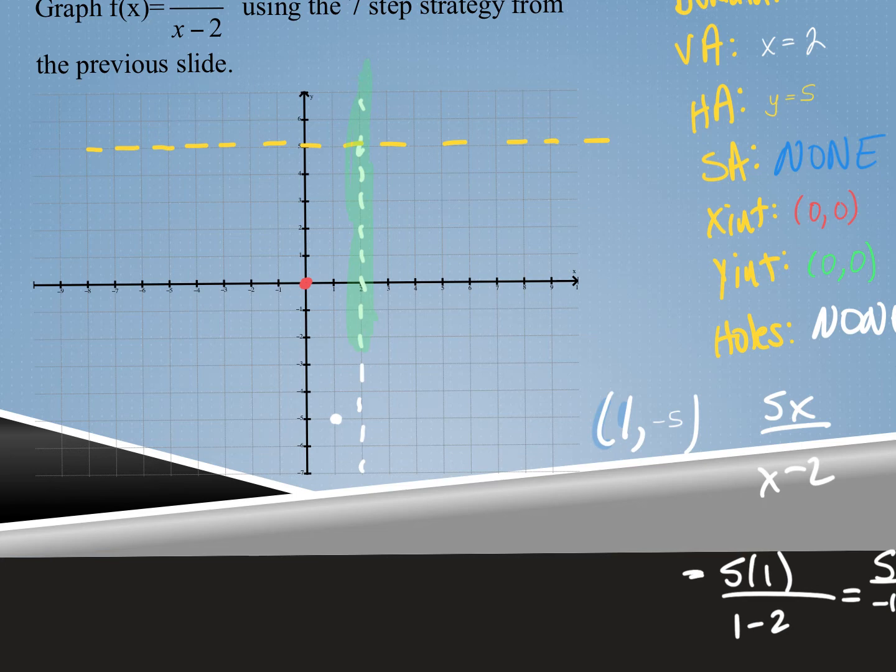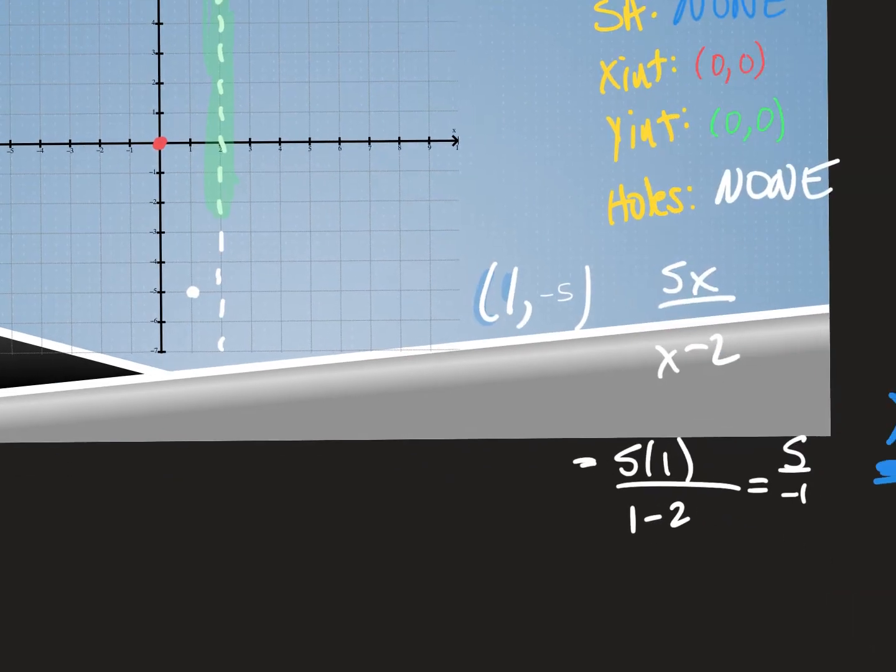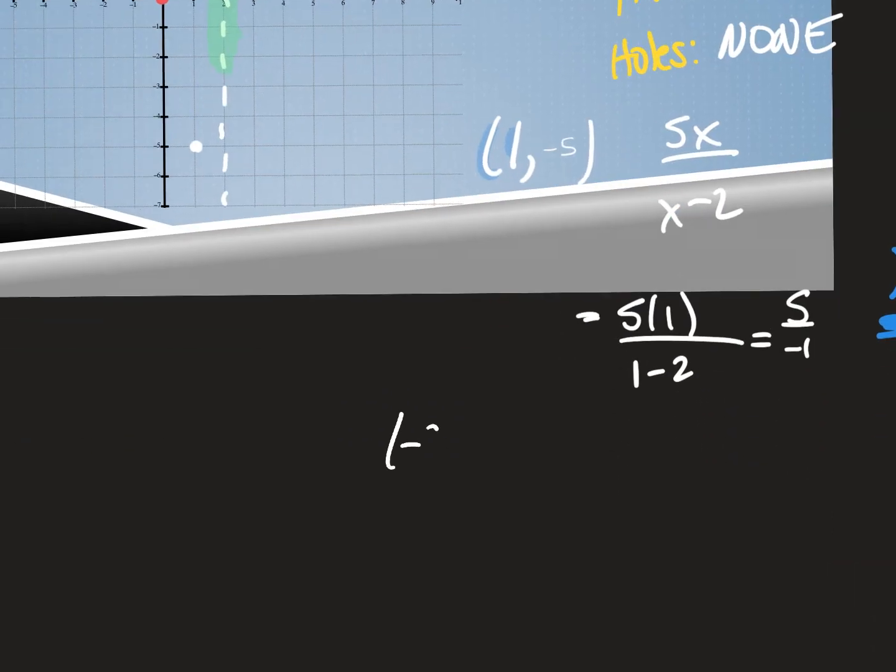All right, now let's pick something way over here just to see where that point would lie. Negative 7, okay? So now I'm going to plug in negative 7. 5 times negative 7 over negative 7 minus 2. Agreed? Okay, so negative 35 over what?